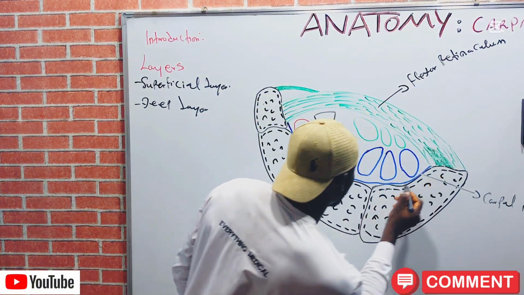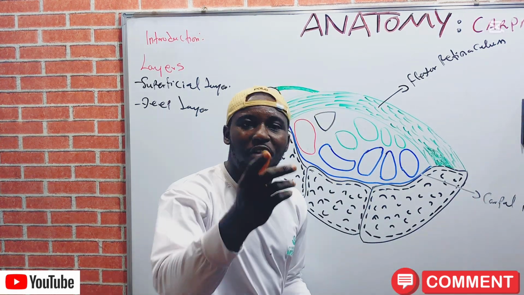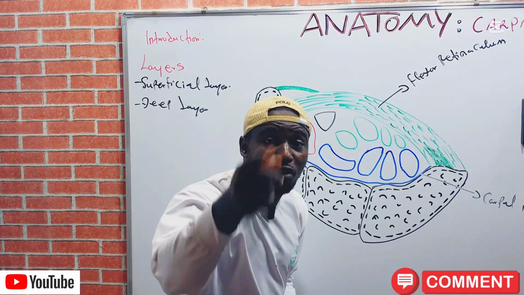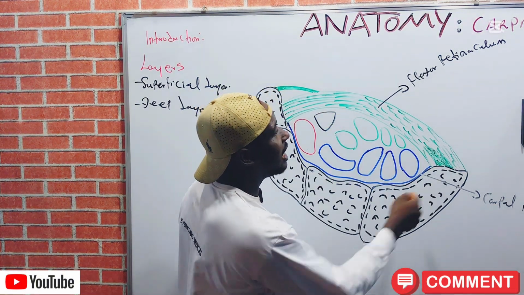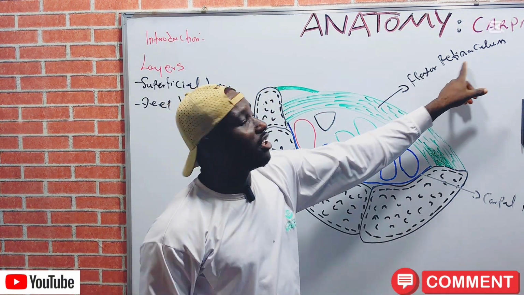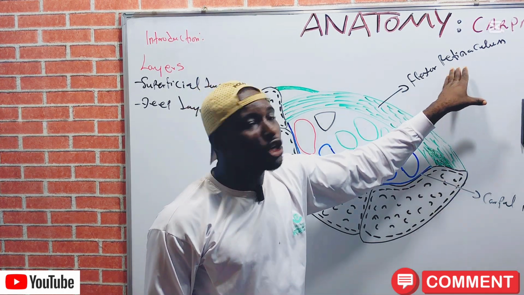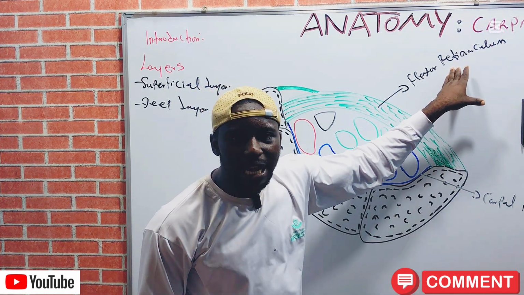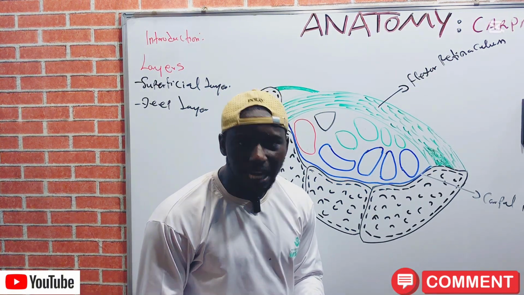It forms a concave surface, which is converted into a tunnel, an osteofibrous tunnel, by the overlying flexor retinaculum. The flexor retinaculum can be called the transverse carpal ligament.